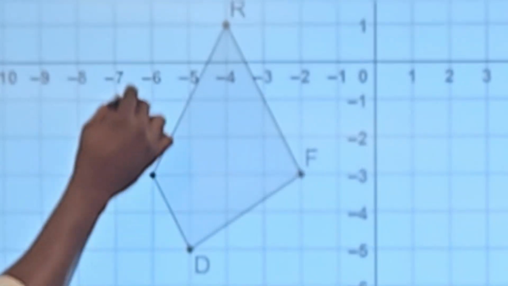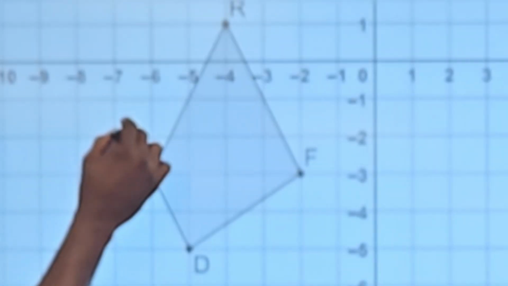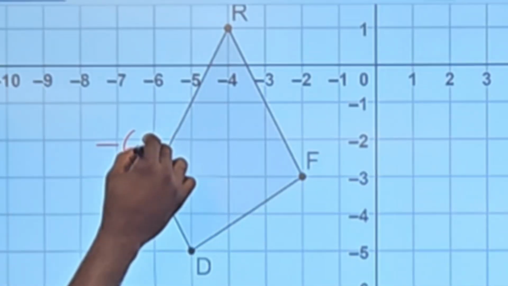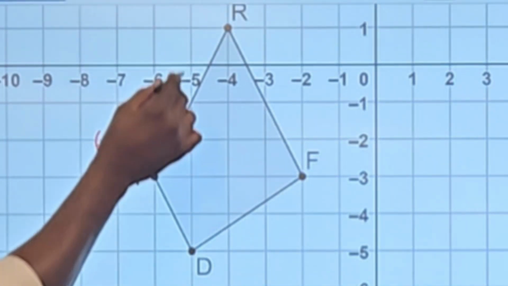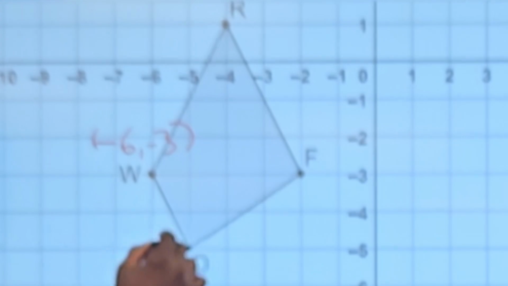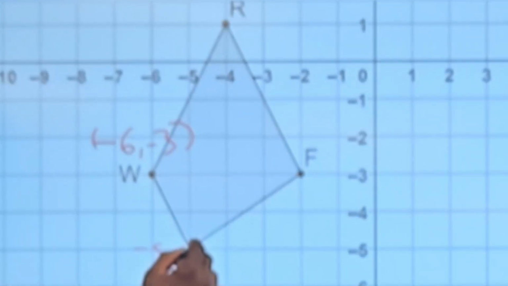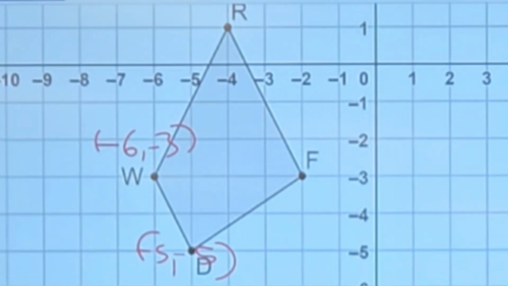So the vertices for W is -6, -3. For D, we actually have -5 with -5, and that's our D right there. All right?